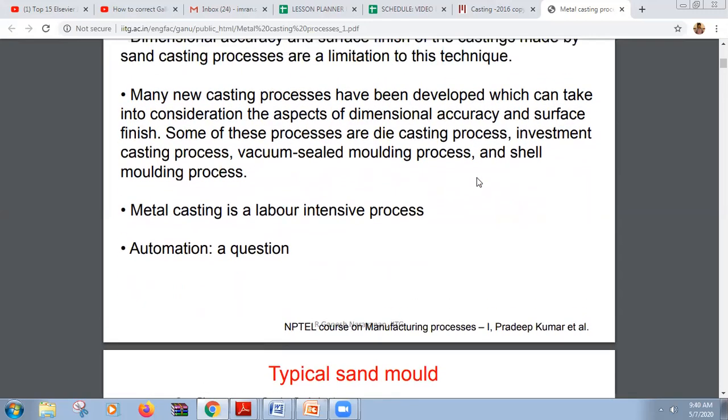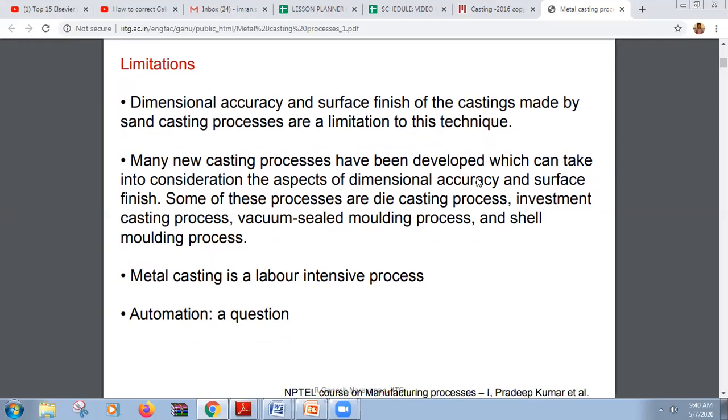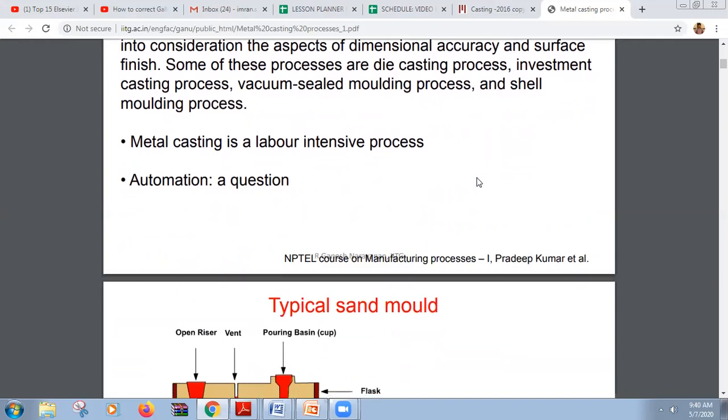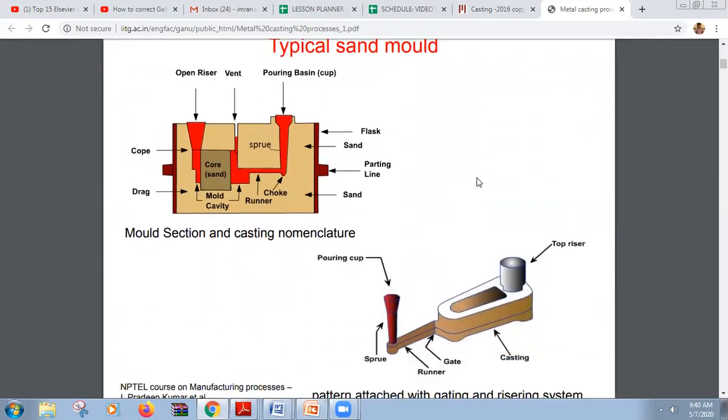Very good mechanical properties are not achieved in casted parts. Like brittleness is very high in casted parts, apart from other processes.